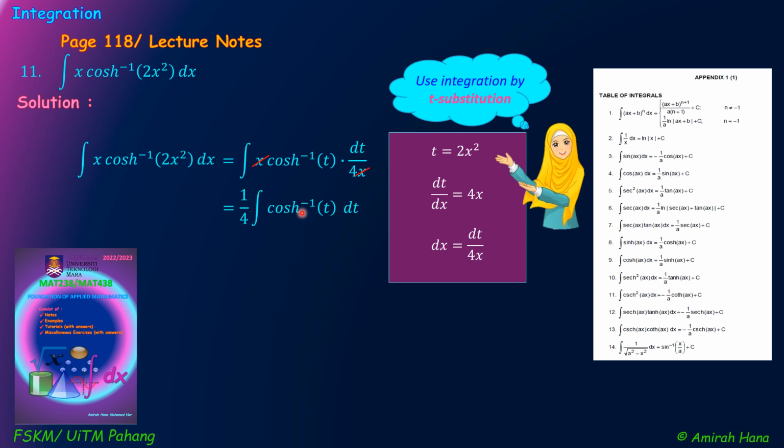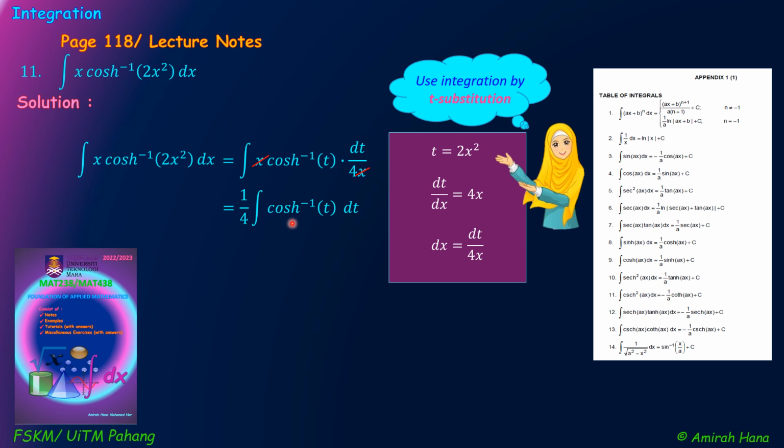So here we actually need to use integration by parts, because this question is not suitable for partial fractions or trigonometric integration. The suitable method is integration by parts. Every time we integrate using integration by parts, we need to identify the suitable function as u.